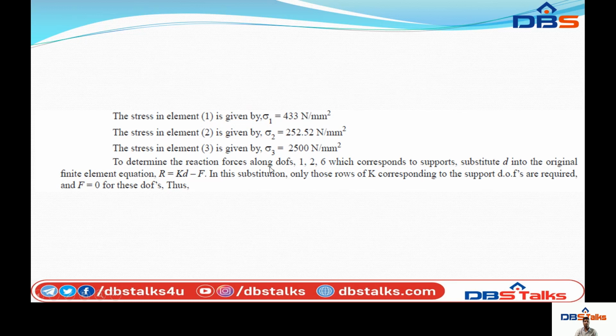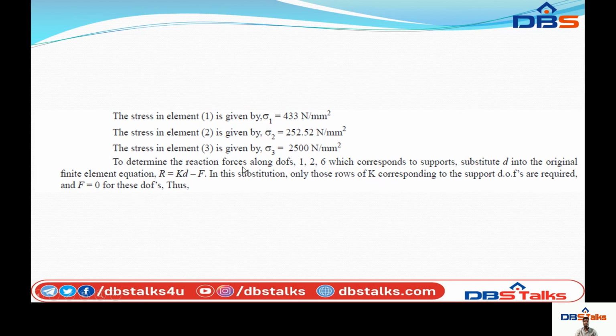To determine the reaction forces along degrees of freedom 1 to 6, which correspond to the supports, substitute D into the original finite element equation, R equals KD minus F. In the substitution, only those rows of K corresponding to the support degrees of freedom are required. F equals 0 for those degrees of freedom.